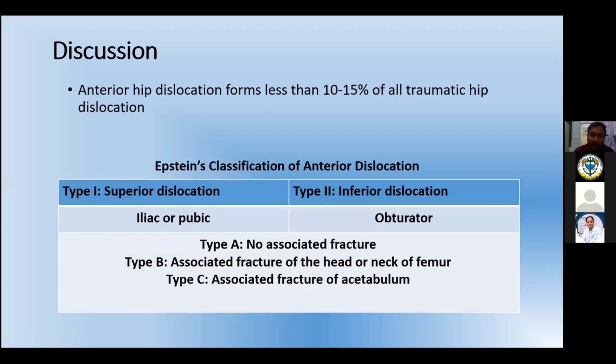And superior dislocation is either iliac or pubic, according to the relation of the femur to the acetabulum.